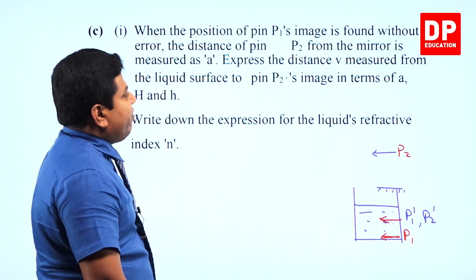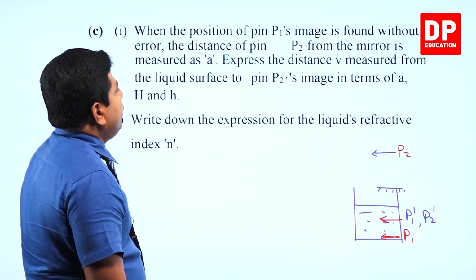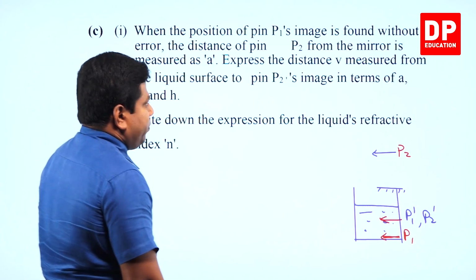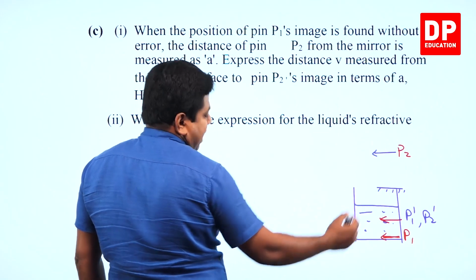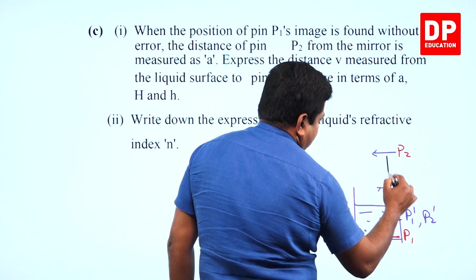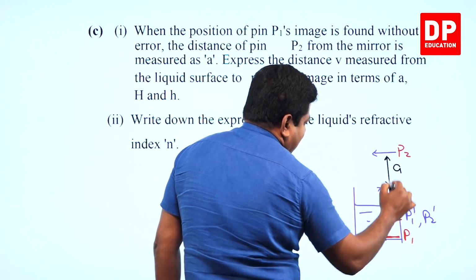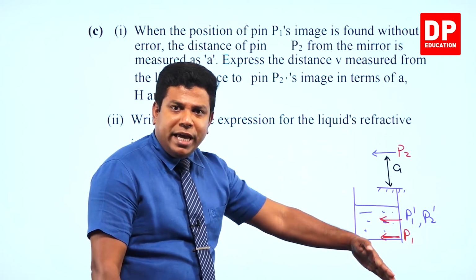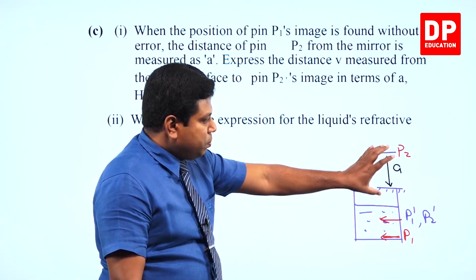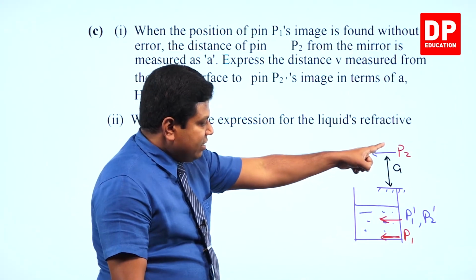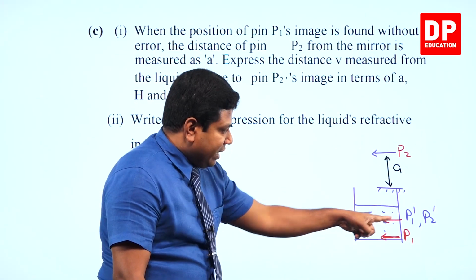Now, what do they mean by V and what do they mean by A? The distance of pin P2 from the mirror. This distance is A. They have given this distance as A. So, if this is A, think about the mirror, P2 and P2's image. The object distance and the image distance have to be equal. Where is the image of P2 on this line?